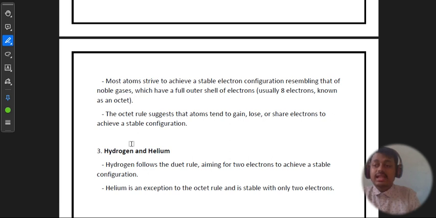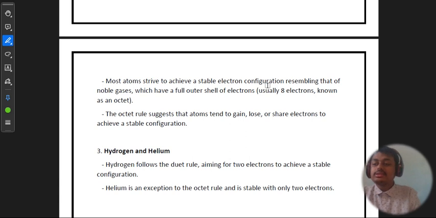If we go to the slide, we see that most atoms try to achieve a stable electronic configuration resembling a noble gas. Noble gases, for example neon, xenon, all have 8 electrons in their valence shell. These are called inert gases. These are the most stable elements in the periodic table.